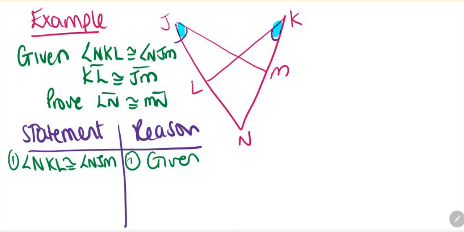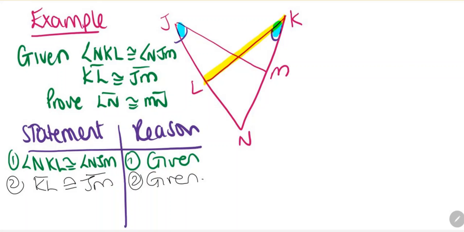We're also given that line KL is equivalent to line JM. So this part here and this part here are equivalent lines.